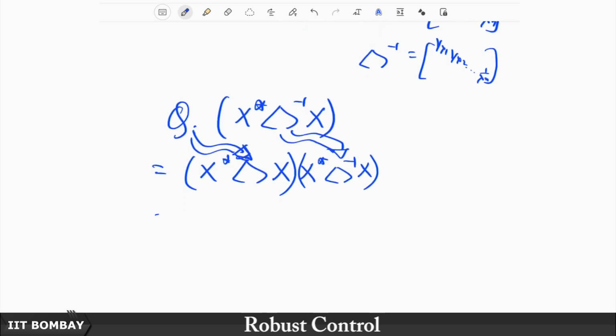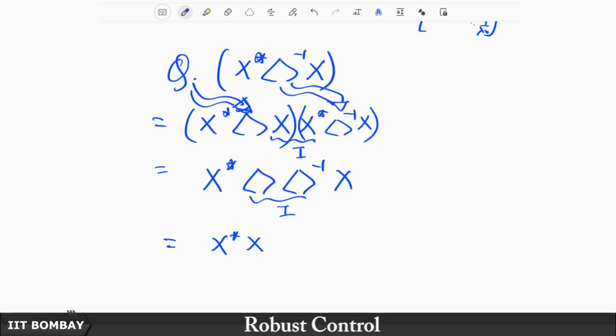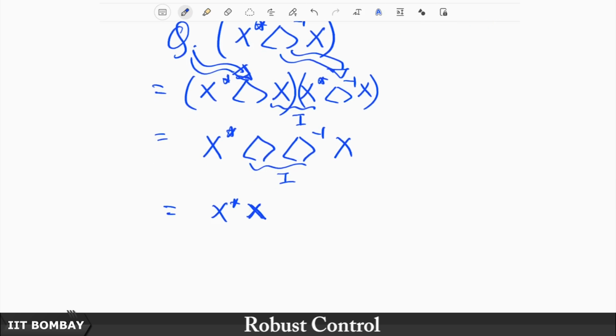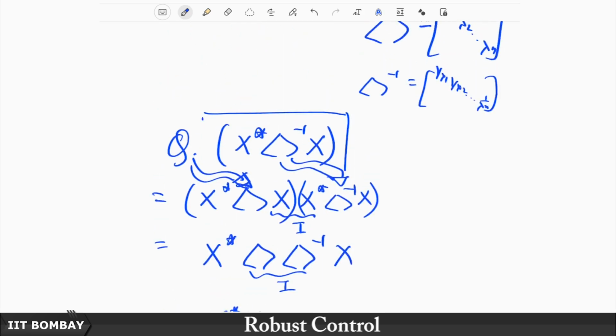Now you get rid of these braces, and x and x Hermitian gives you identity. So what you end up with is x star lambda lambda inverse x. Again this gives you identity. In the next step you have x star x, and since these are unitary matrices, this gives you identity. So therefore, this is definitely equal to q inverse.